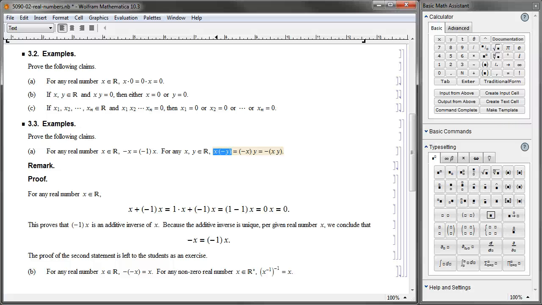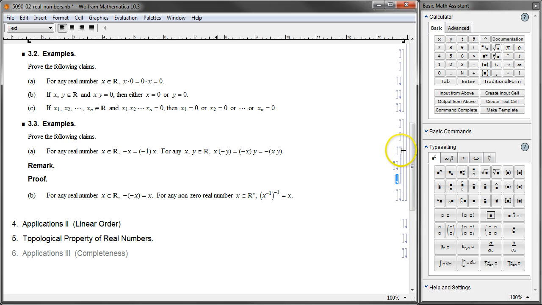So xy plus this number is equal to 0. If you work this out, then this is the same as the unique additive inverse, which is negative x times y. The same for that one. I'm going to leave that as an exercise for you. As a matter of fact, I'm going to require it as a homework.